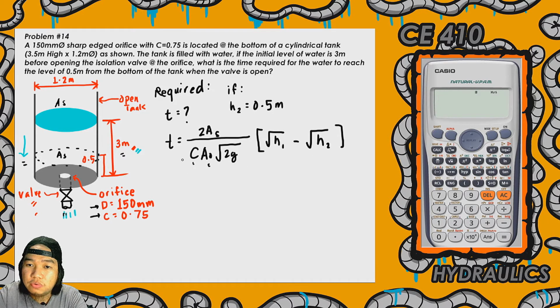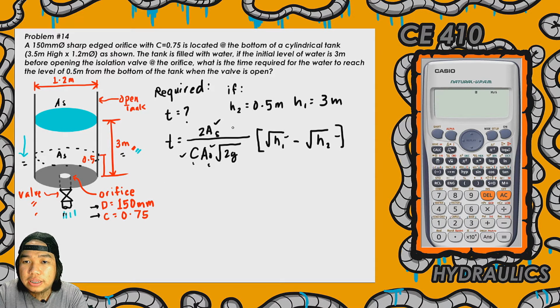So, given na yung C, makakompute naman natin yung A sub S and A sub O. Given na rin naman tong h sub 1 and h sub 2, wherein h sub 1 is equivalent to the initial height, which is 3 meters.